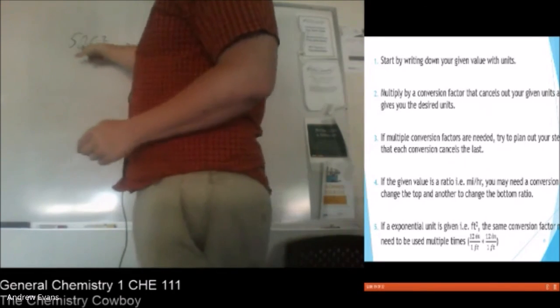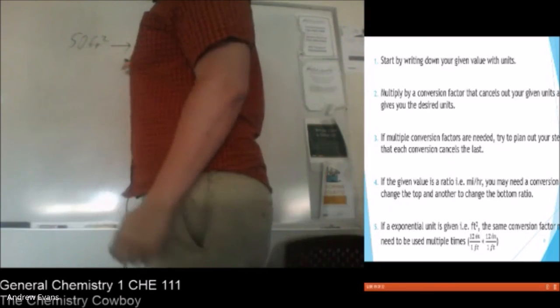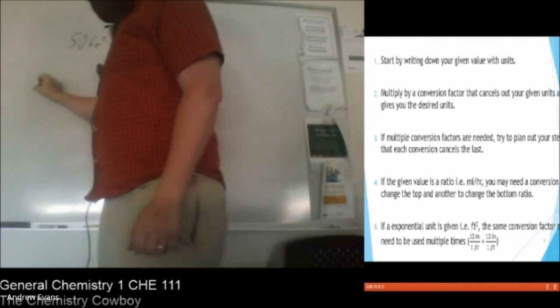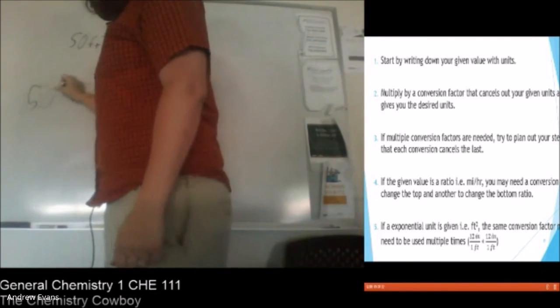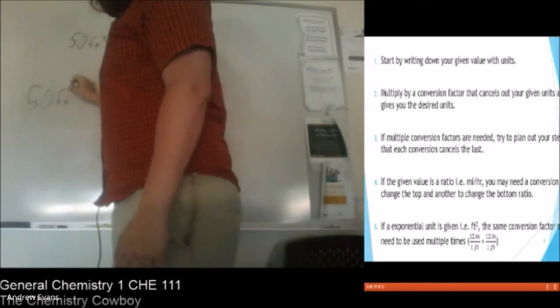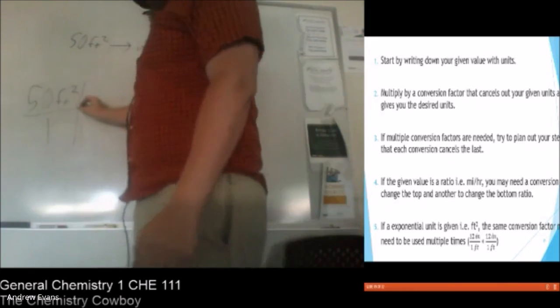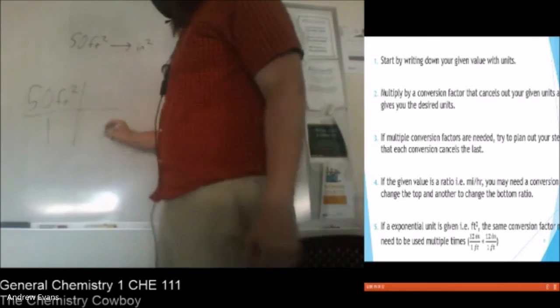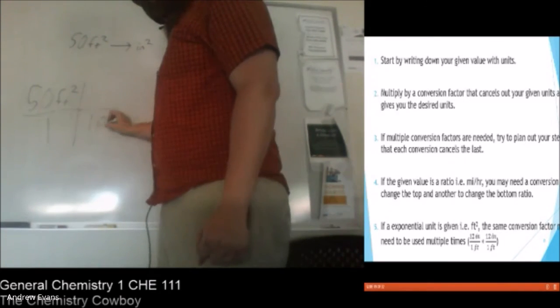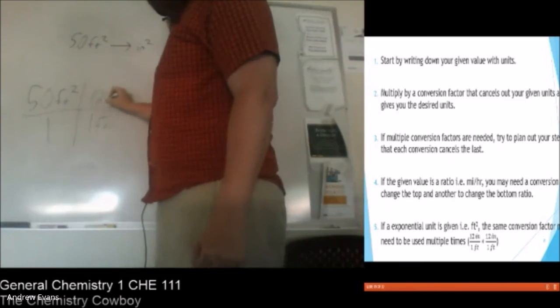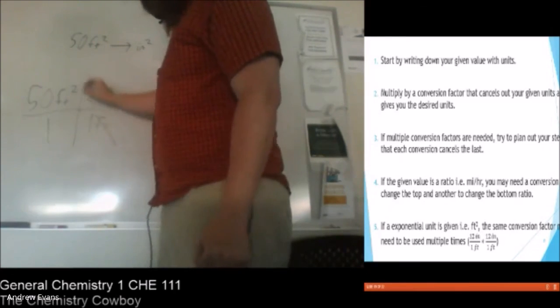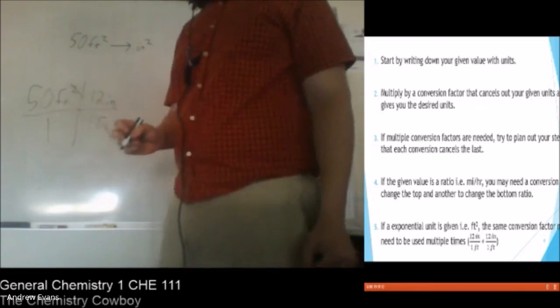So I've written down where I start, where I want to be. So I'm going to start with our 50 feet squared. Now, because this is going to inches squared, I have to do this conversion twice. In 1 foot, there's 12 inches. A foot cancels out 1 of the foot squared.